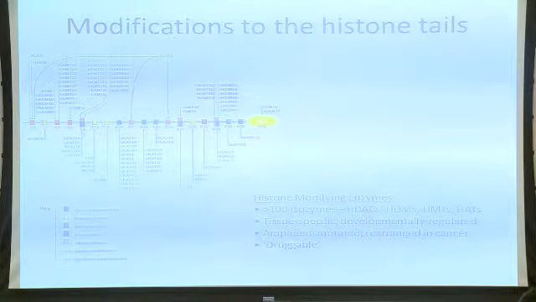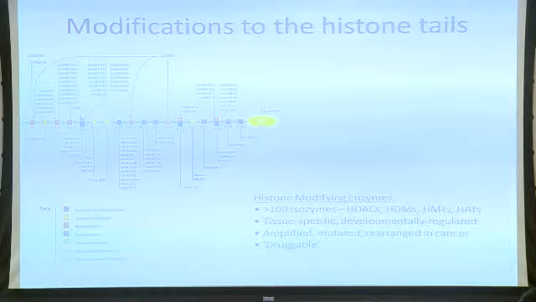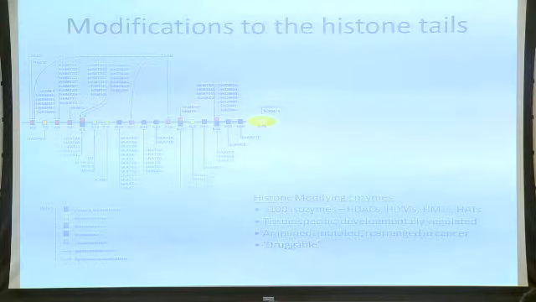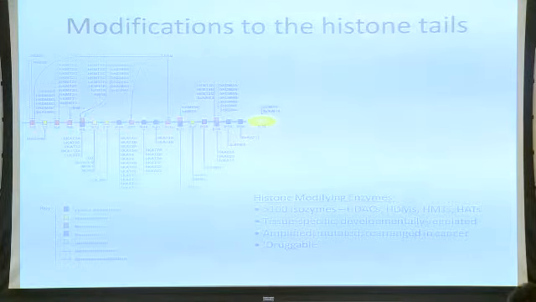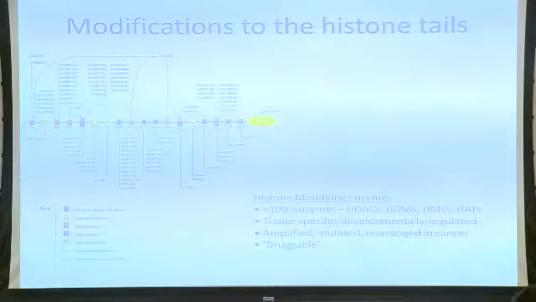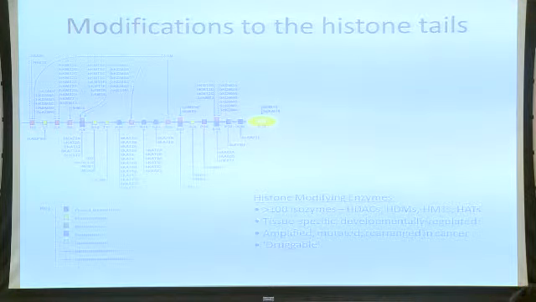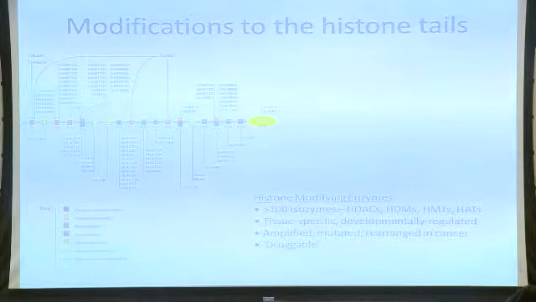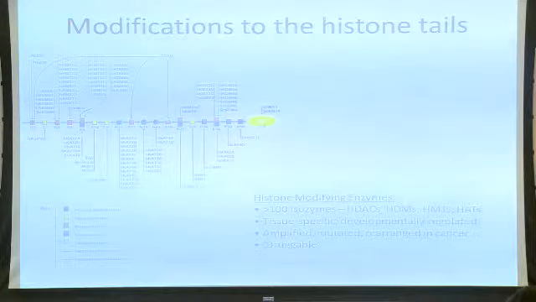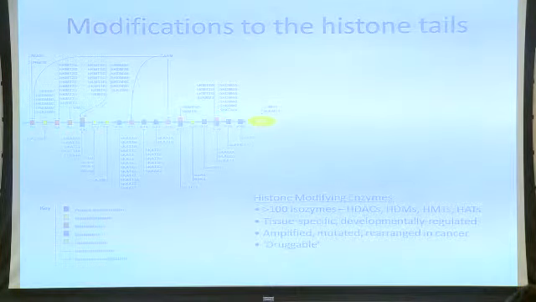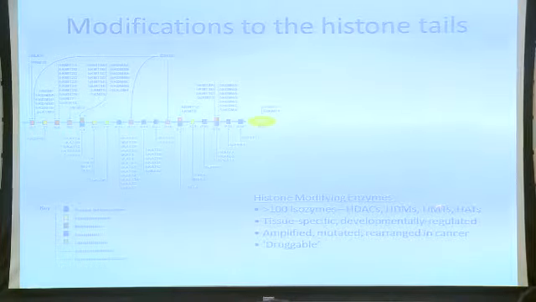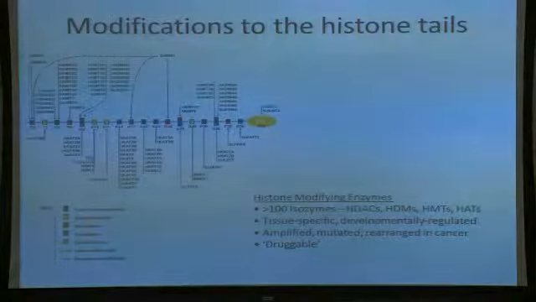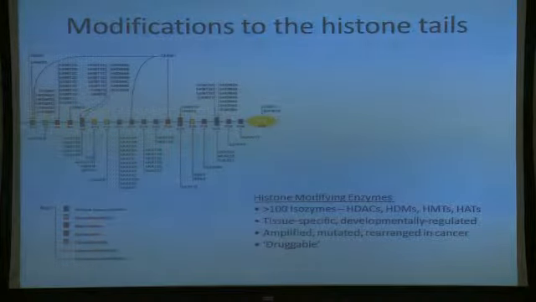These proteins are frequently amplified or rearranged in cancer, implying that the aberrance of cancerous cells is, in some measure, a result of modification of the biology of chromatin, almost certainly the key aspect of that being the regulation of gene expression. And interestingly enough, a number of these enzymes are druggable, so that's becoming a focus in cancer biology for sure, as well as in other therapeutic discovery areas.